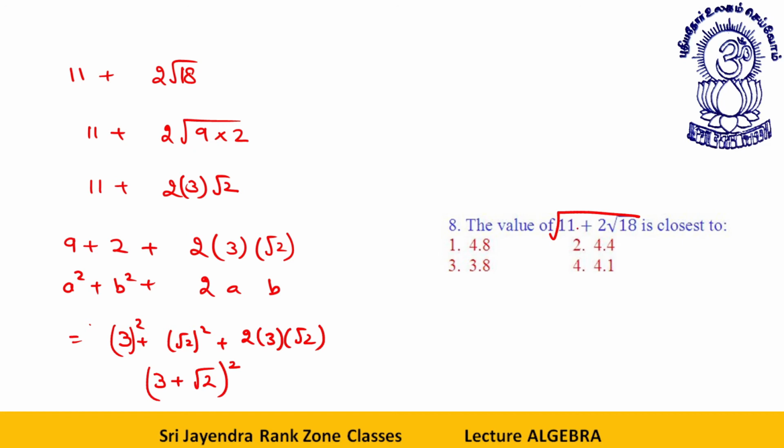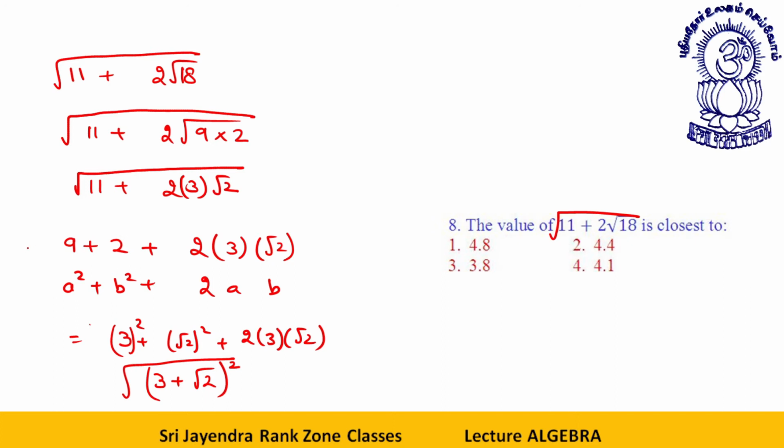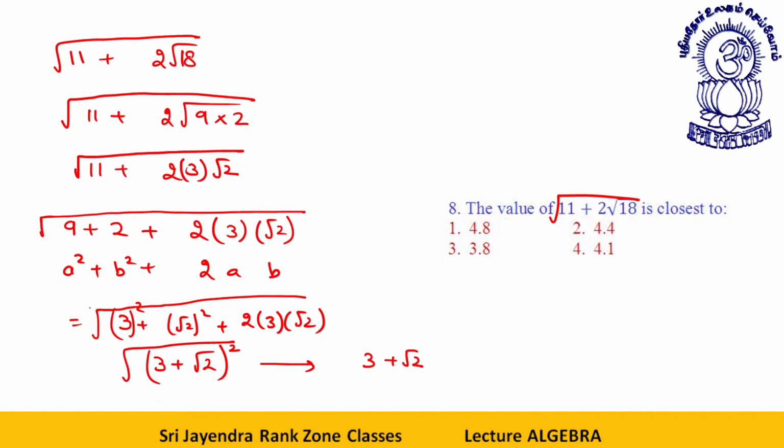The question was this, dear students: 11 plus 2 root 18. We need to find the value of this expression. So this becomes 3 plus root 2. What is the value of 3 plus root 2?